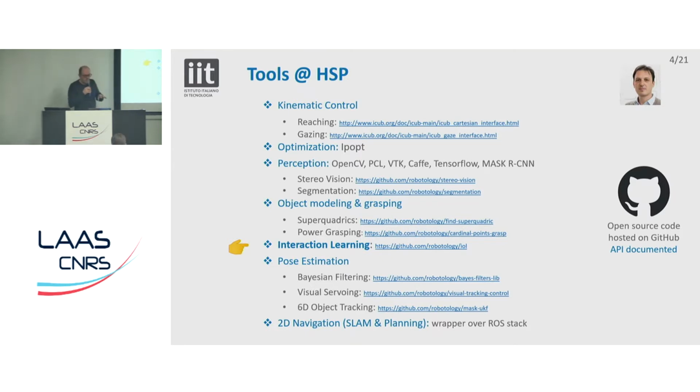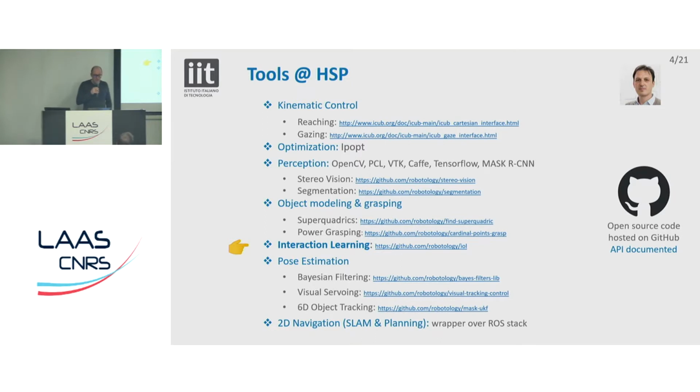On top of this, we build our own software tools for kinematic control, trajectory planning, and inverse kinematics, and there is also IPOpt, which has been heavily used for optimization.